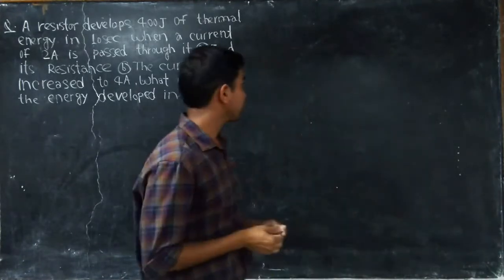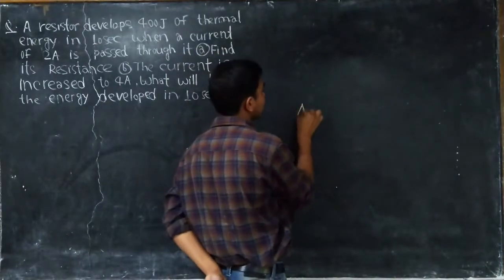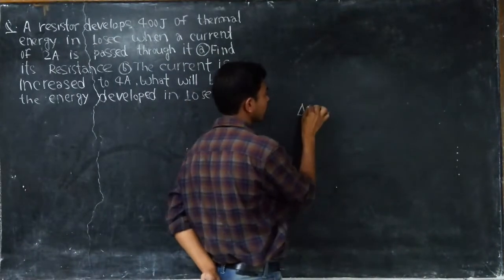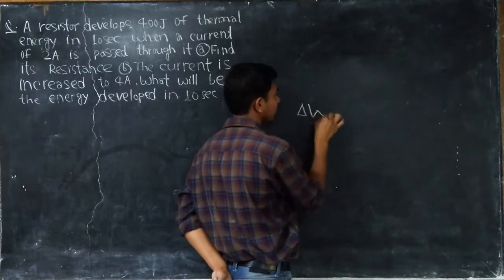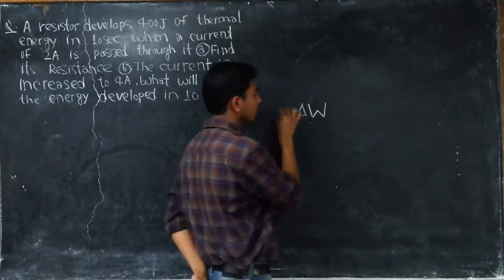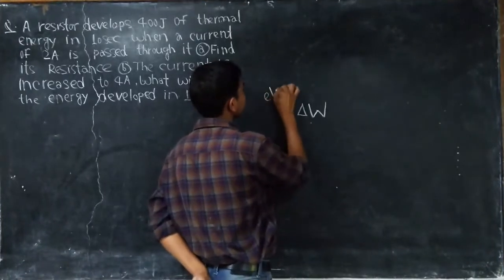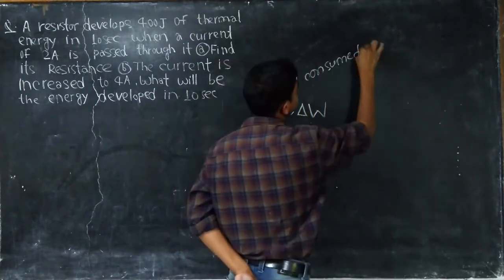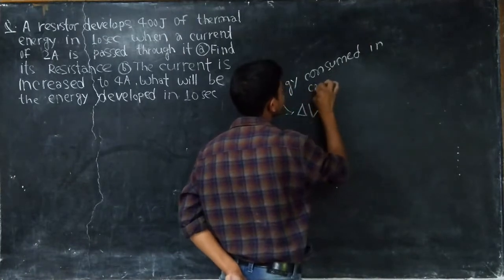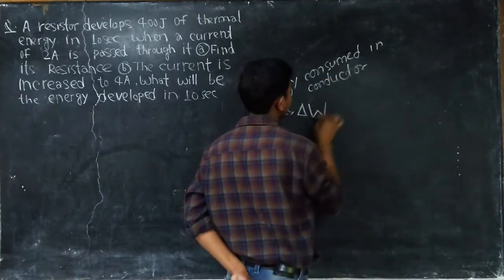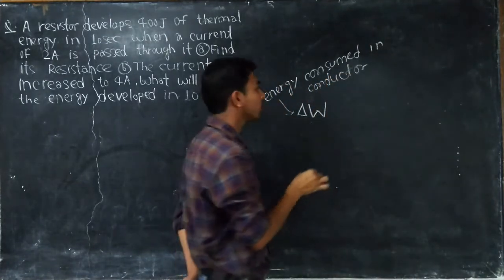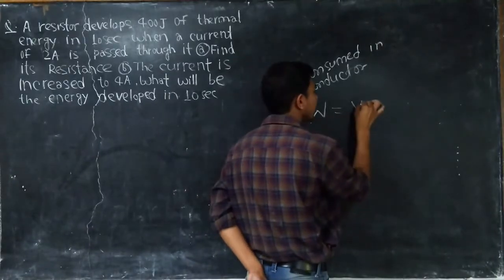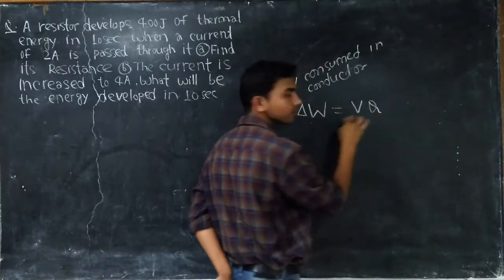So in the last class, I derived the formula somehow like this: energy consumed in conductor is W, and that W is equal to V into Q, right?